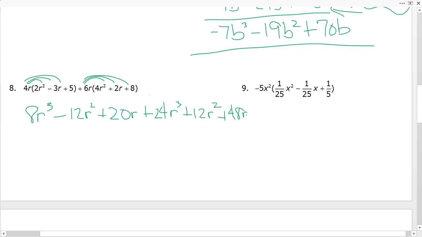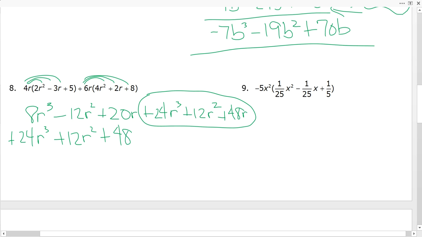So I'm going to take this part right here. I'm going to put it underneath, and so I'm going to have 24r to the third plus 12r squared plus 48r.